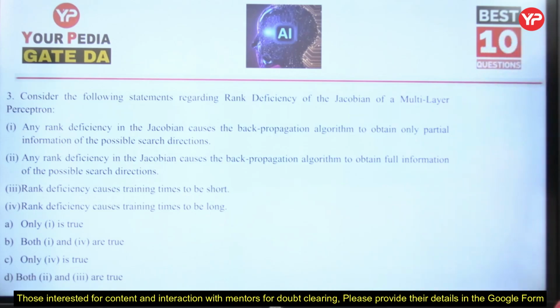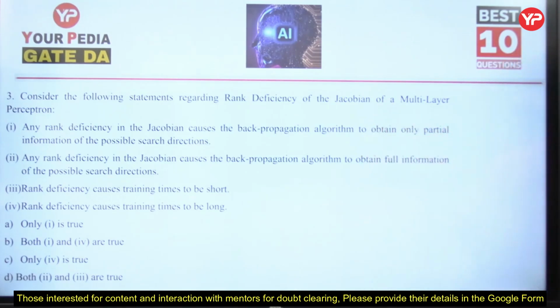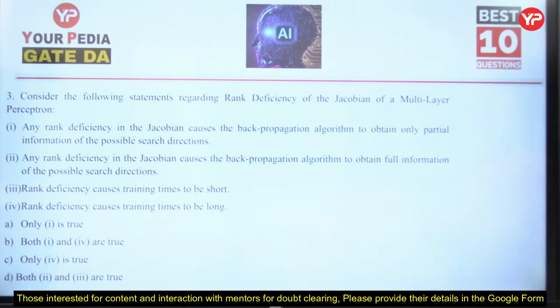Now, third question, consider the following statements regarding rank deficiency of the Jacobian of a multilayer perceptron. What does this Jacobian matrix do in a multilayer perceptron? The Jacobian is related with the flow of information in neural networks.